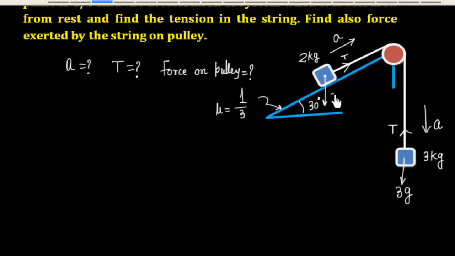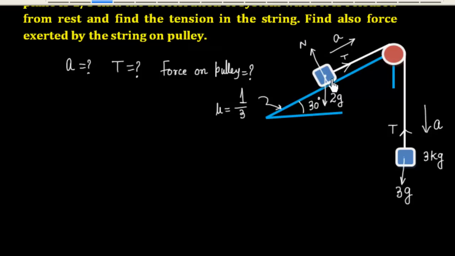The mass is 2, so this is 2g, and on this mass there is also a normal reaction acting up. So this is the normal reaction we have.